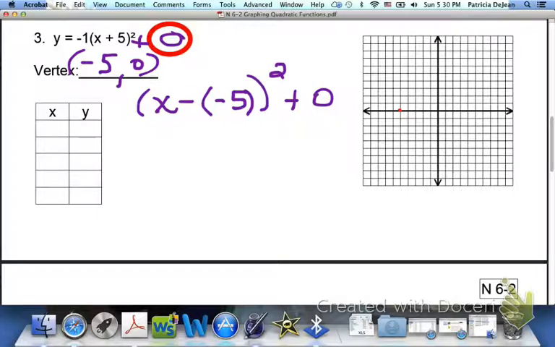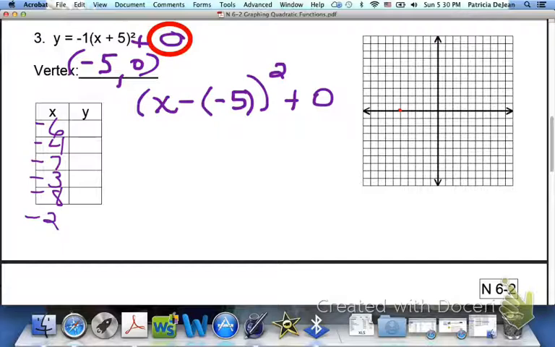So on either side, we have negative 6, and on the other side of that we have negative 4, and we have negative 7 and negative 3, and we could do negative 8 and negative 2 if we wanted to.